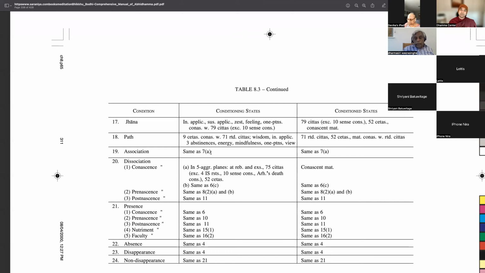As we know very well, one consciousness and a group of chetasikas are not enough to act upon an object.